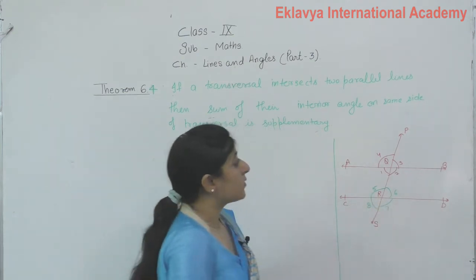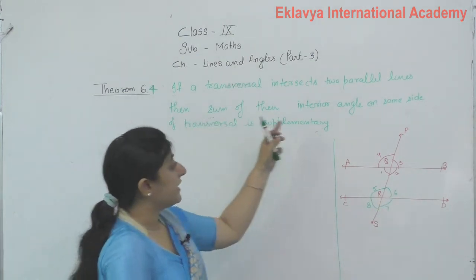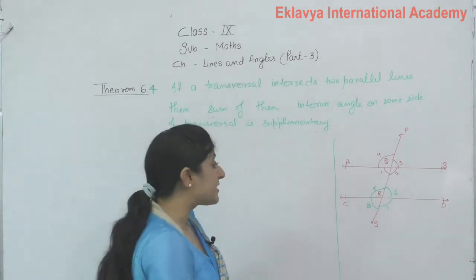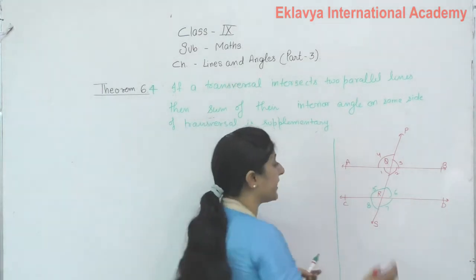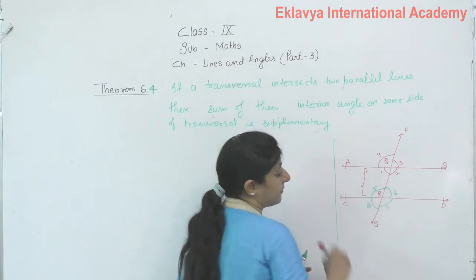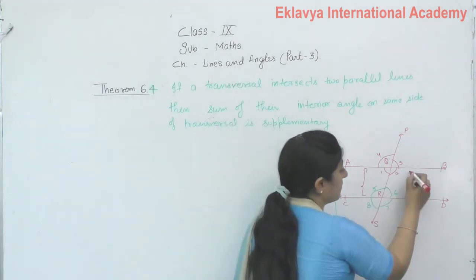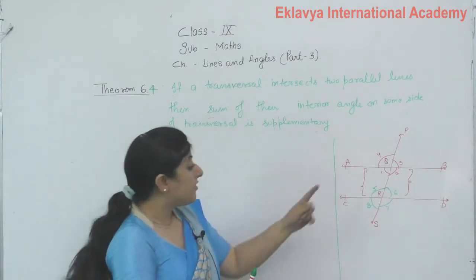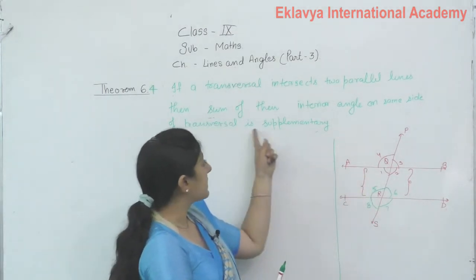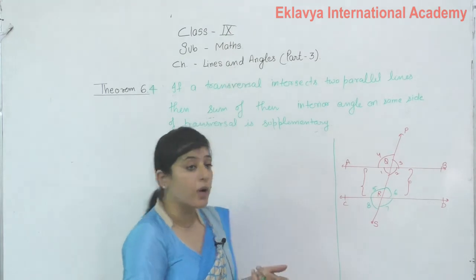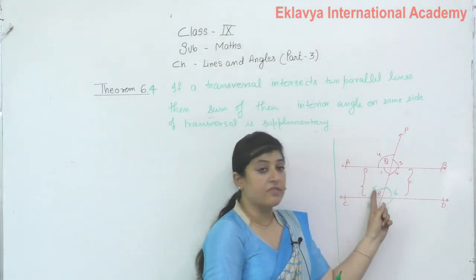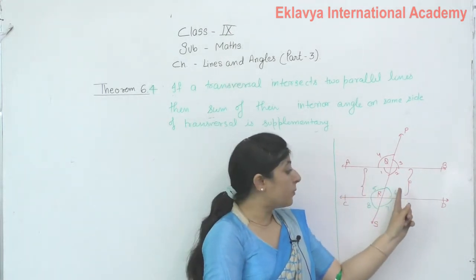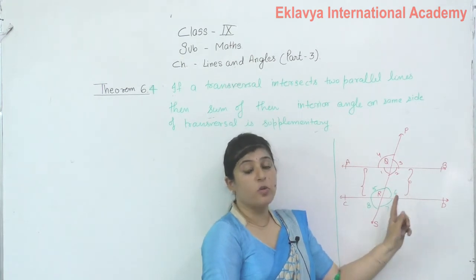Now see, the sum of their interior angles. It means we are talking about the co-interior angles, this one and this one. So it is given to you that 1 plus 5 supplementary means 1 plus 5 is equal to 180 degrees. 2 plus 6 also equals 180 degrees.